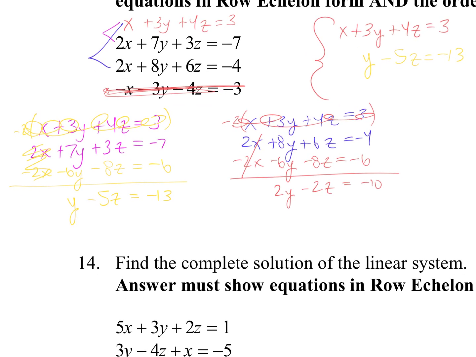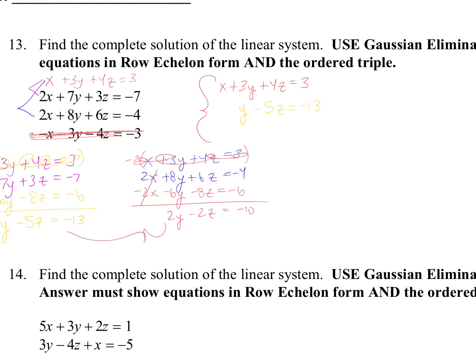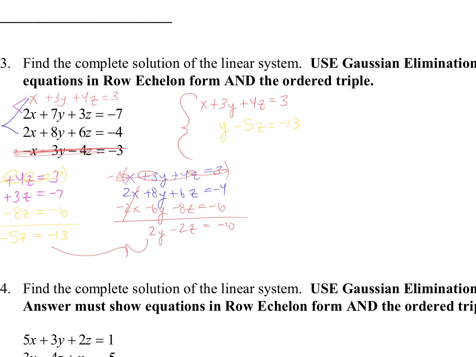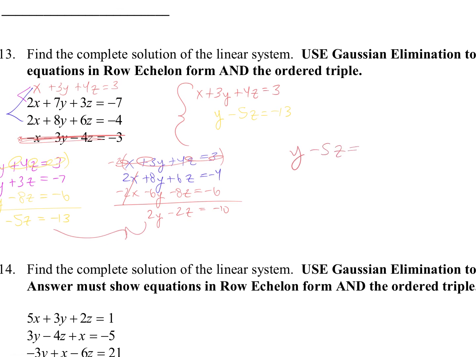But what do I do now with these 2 equations that I have left over? I'm going to combine these 2, and I'm going to find my z value. It does not matter which one you put on top. So I'm just going to write y minus 5z equals -13, and 2y minus 2z equals -10.